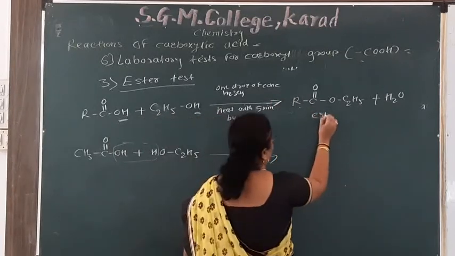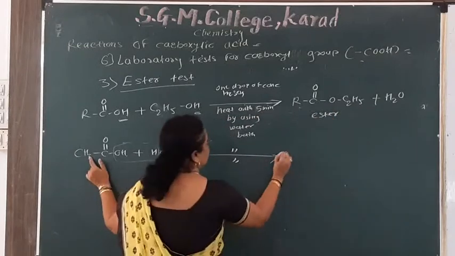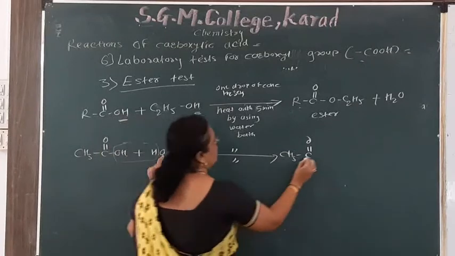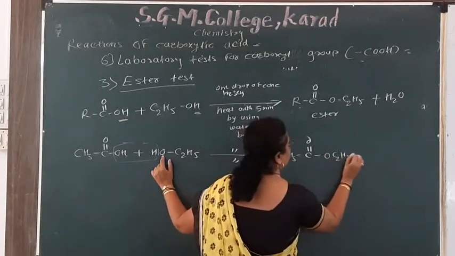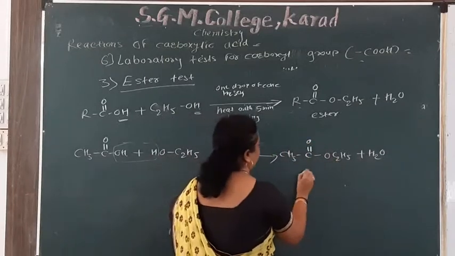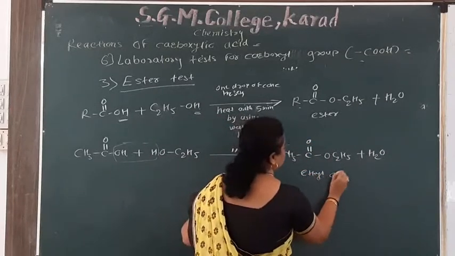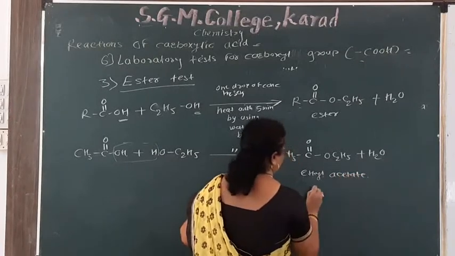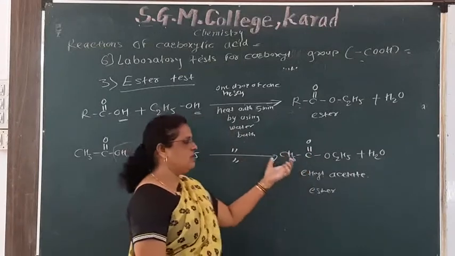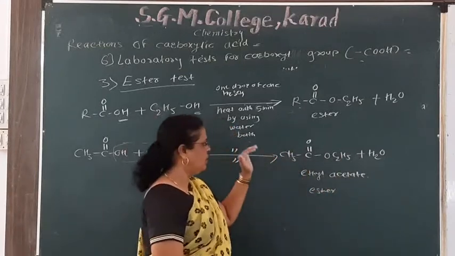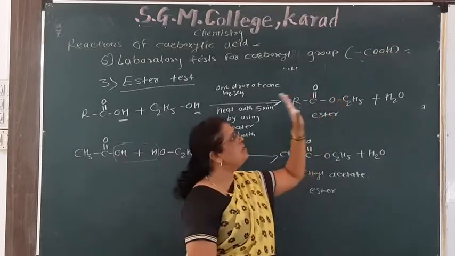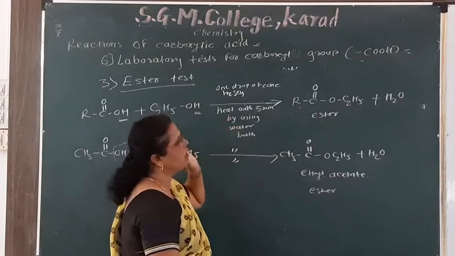This is the ester, CH3COOC2H5 plus H2O, called ethyl acetate, and this ester has a fruity smell. This fruity smell of ester indicates the presence of COOH group in that compound.